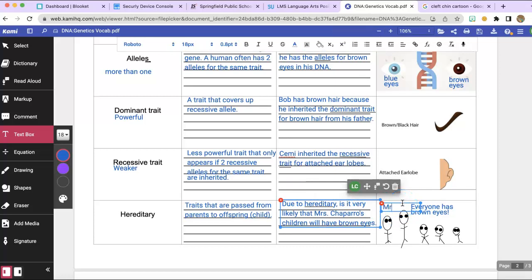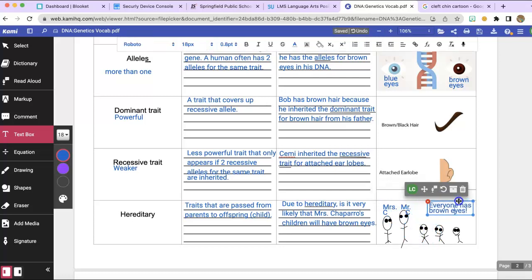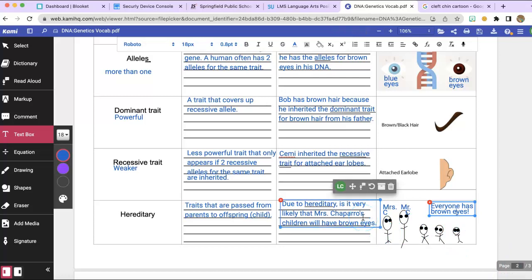I'm going to put Mrs. C above me. Of course, this is Mr. C. He is about 6'3", super annoying. There he is, Mr. C. I'm going to take my everyone has brown eyes and move it over. Look at that. And these are our kids. Their names don't matter. So, there you go. We all have brown eyes because of heredity.